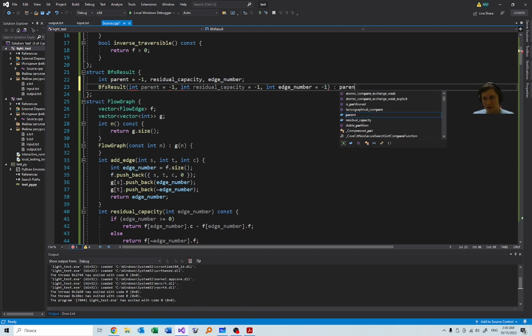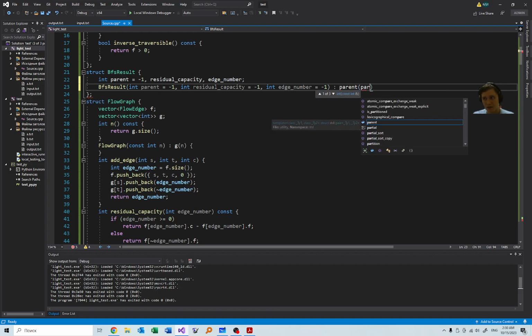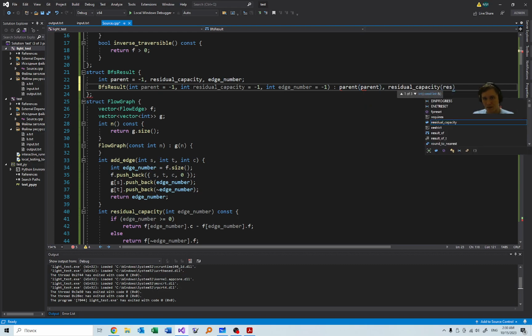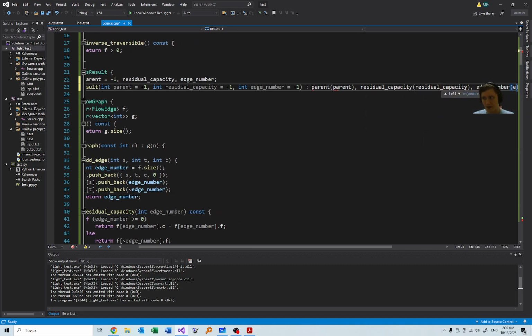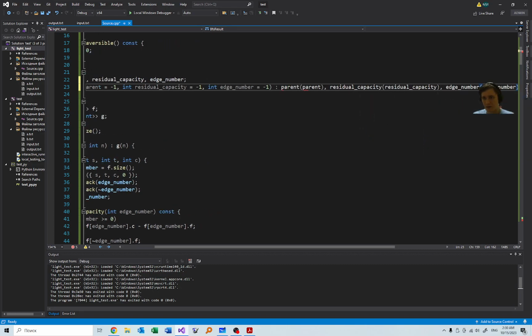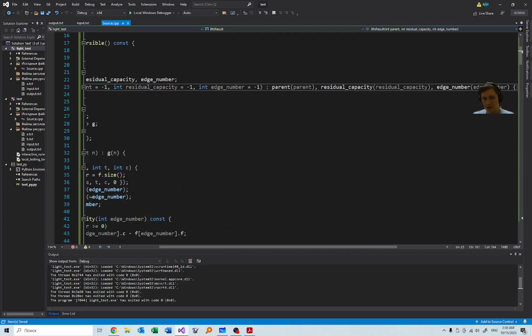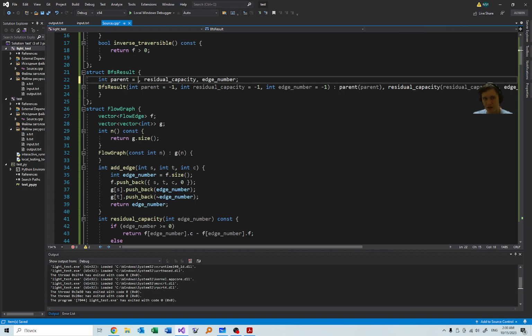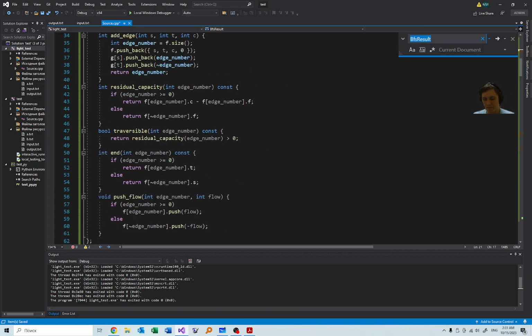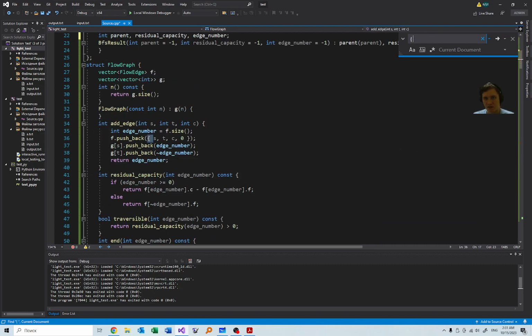Parent, residual capacity and edge number. Then we remove this thing and we find everywhere where we used an initializer list.